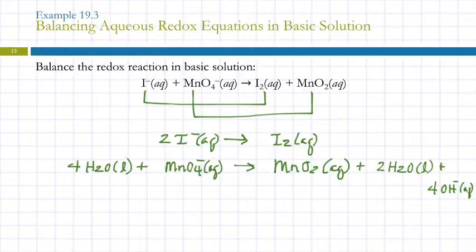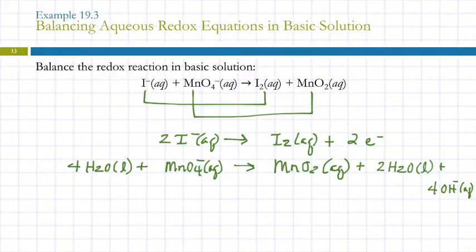Now I have to balance for charge, right? So this one I have 2 negative charges on this side and none over here, so I need to add 2 electrons to the right side. So charges add up. Hopefully the wicked looks will go away. Here I've got -1 here and -4 over here.